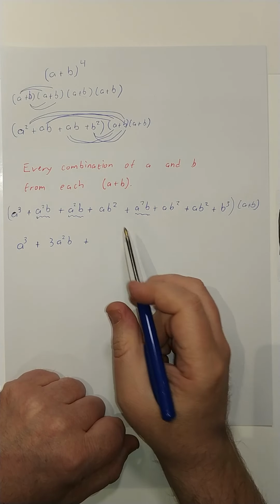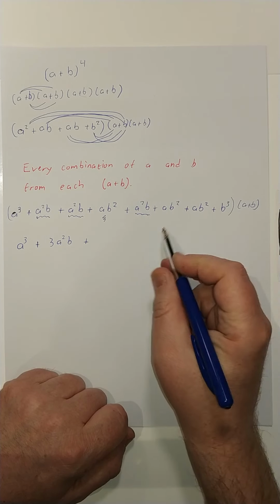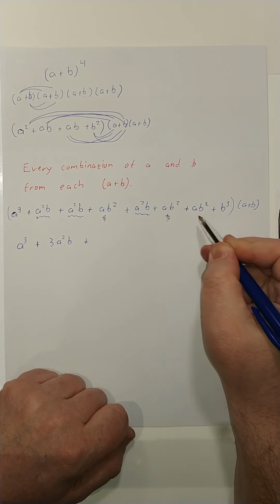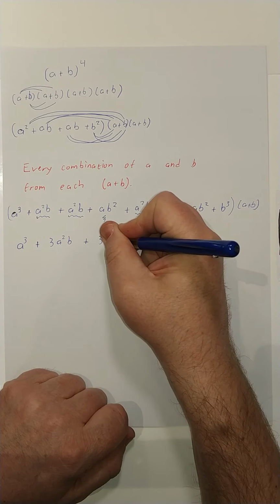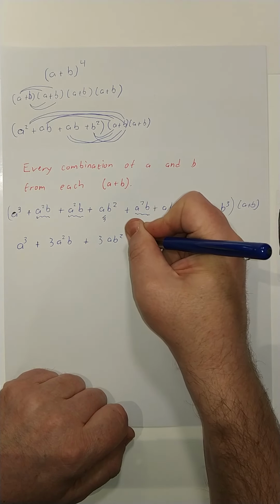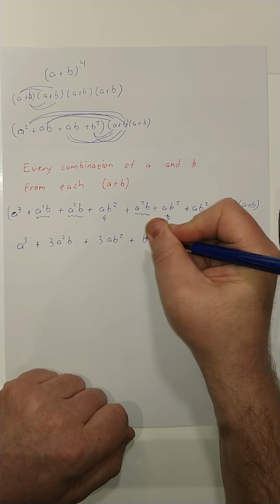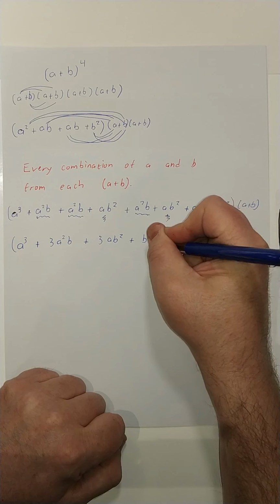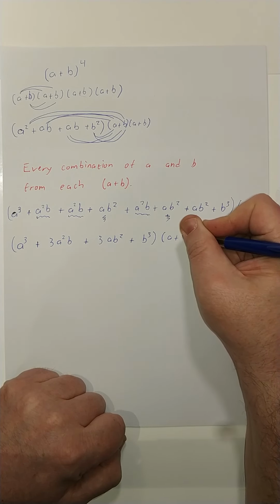We also have ab squared, and ab squared, and then we have b cubed. And all of this times a plus b.